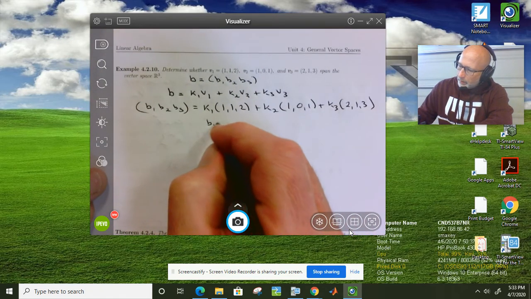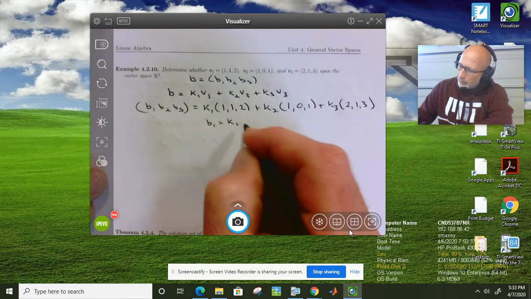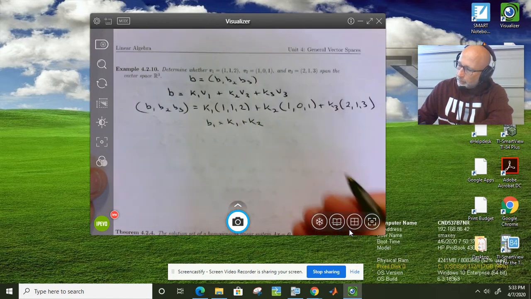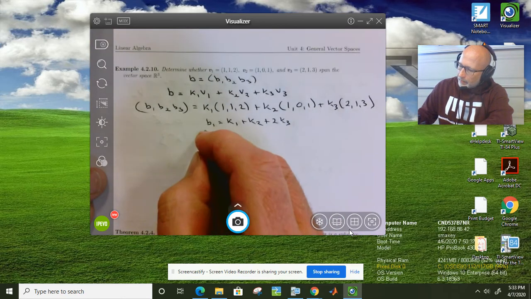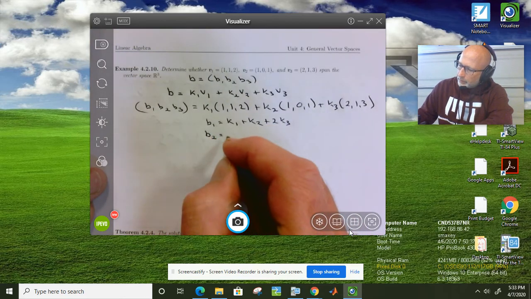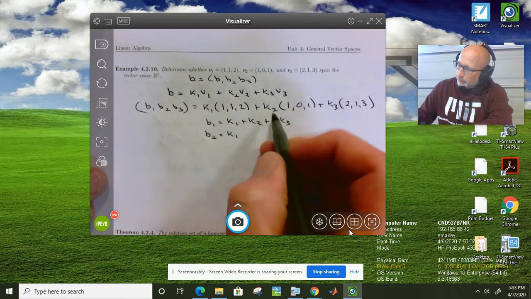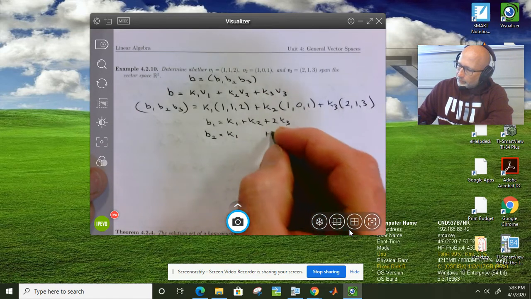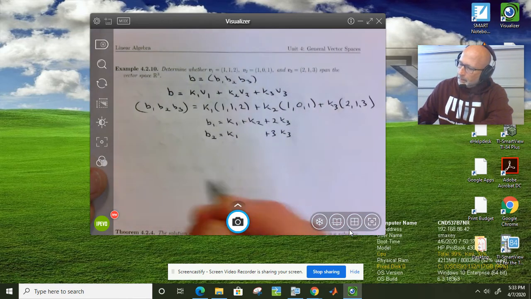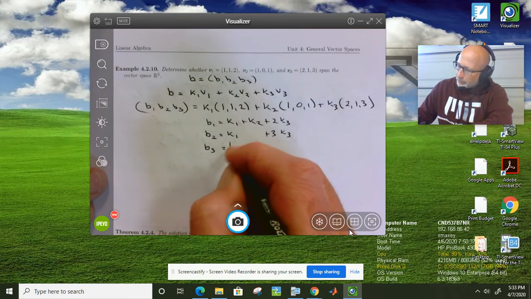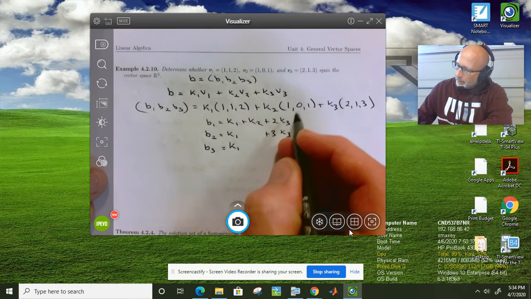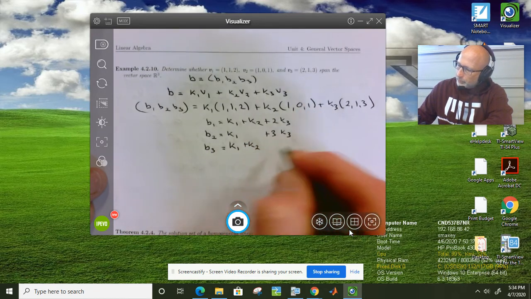So I have B1 is equal to K1 plus K2 plus 2K3. And then I also have B2, which is going to be K1 plus 0 plus 3K3. And the last one is going to be B3, which is K1 plus K2, and then plus 3K3.